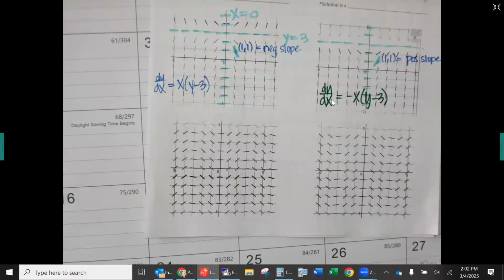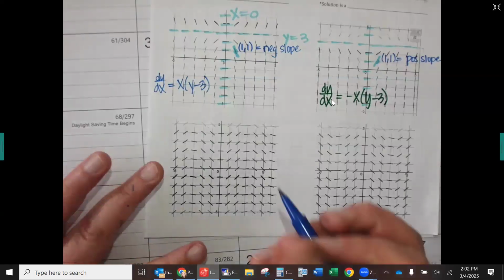At 0, it's 0. What about the next finger? It would be 1/2. And then what about the sine of 90 degrees? You'd be at 1. So your initial values should be positive.